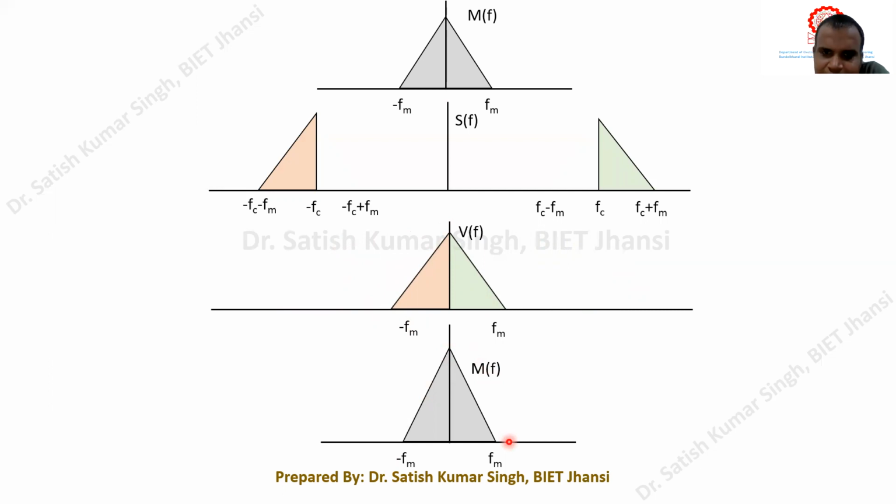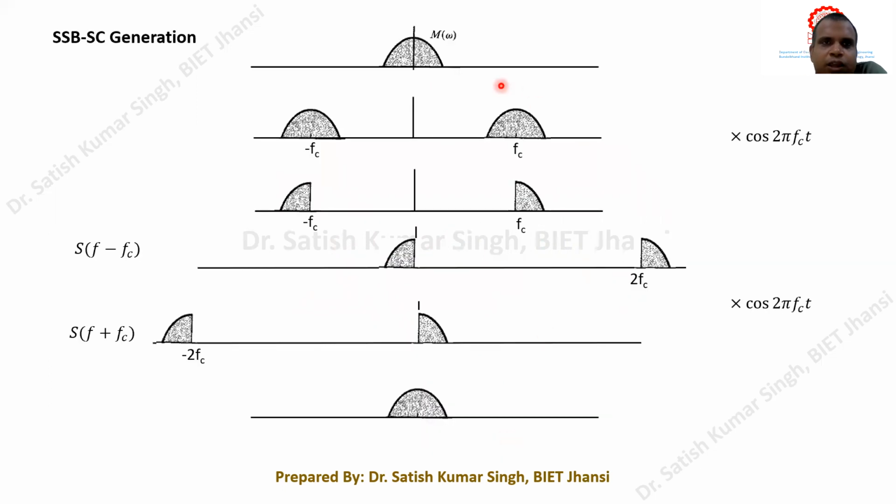So you try to understand the same thing that I have shown here, how we generate the SSBSC signal or the DSBSC signal. Basically in the SSBSC signal, we take the message signal here, and then this message signal has to be multiplied with the particular carrier cos 2 pi FCT, and therefore this particular spectrum will be shifted around the carrier.